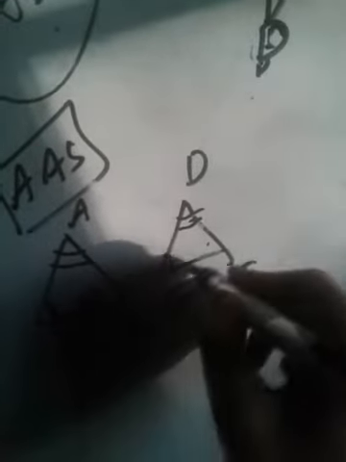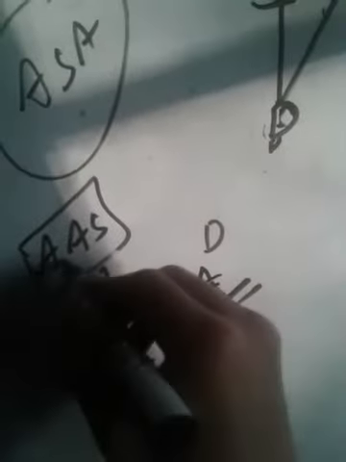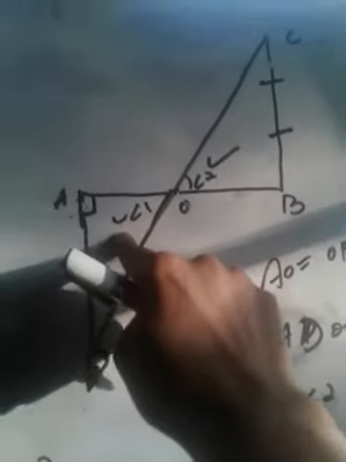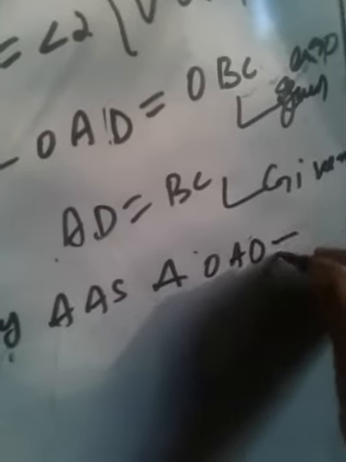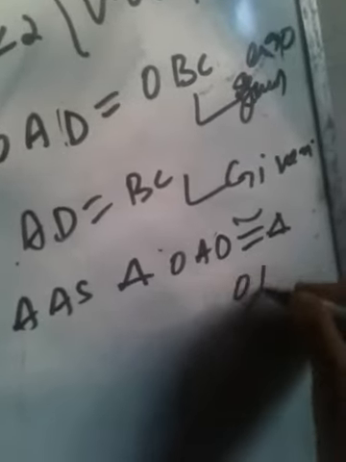When the side does not lie between the angles which we include, that criterion is known as AAS. So here the AAS rule will apply, not ASA, because the side is not between the angles which we have selected. So by AAS, triangle OAD is congruent to triangle OBC.